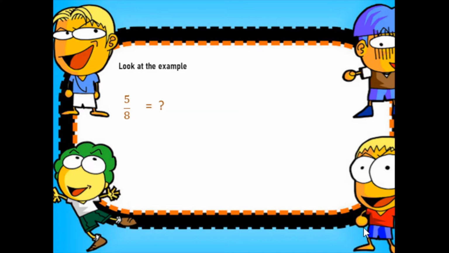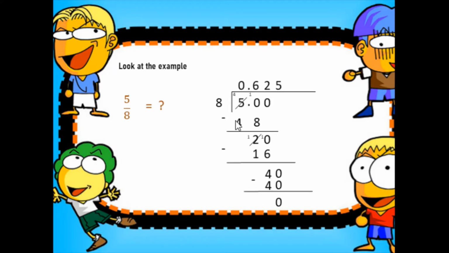We have to change 5/8 to percentage. Now, what is the first step? We need to change it to decimal first. So, let's see how to change fraction to decimal. We change fraction to decimal by dividing the numerator, which is 5, by the denominator, which is 8.